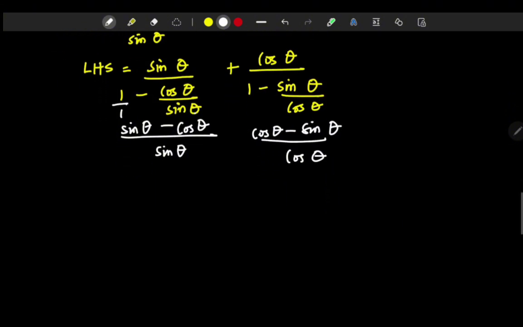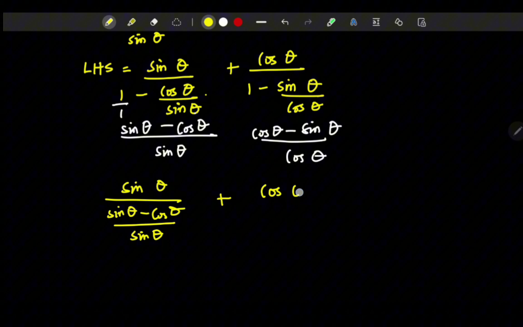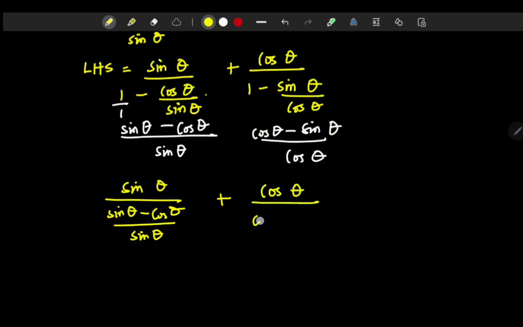So this whole thing can be rewritten as sine theta all over sine theta minus cos theta over sine theta, plus cos theta over cos theta minus sine theta over cos theta.